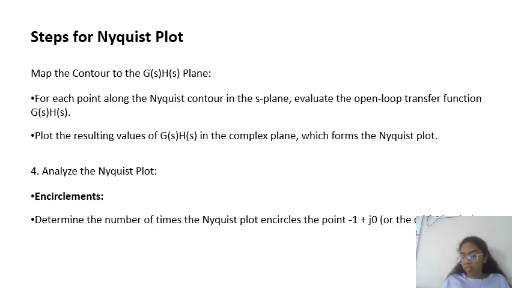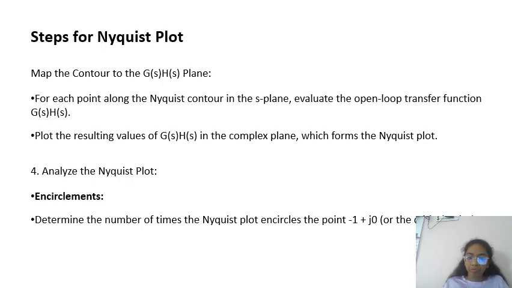So before, in the 3 steps, we had to determine the open loop transfer function, that is G(s)H(s), and then we will be determining the s plane, which is the right half plane. So we need to evaluate the open loop transfer function, G(s)H(s), for each and every point in the s plane.